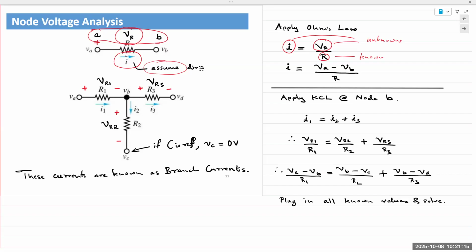If another student chooses current flowing from right to left, then their equation would be VB minus VA. But the answers will still be the same, because when we apply KCL at one node and at another node, it all comes out to be the same thing. So let's take a pause. You think over that. Let me know if you have any questions.